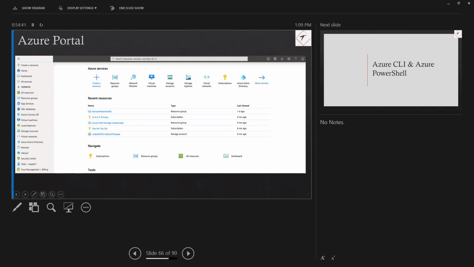So if you want to implement a virtual machine, create a storage account, use a database, create a dashboard for yourself, or monitor something, almost everything can be handled by Azure portal.